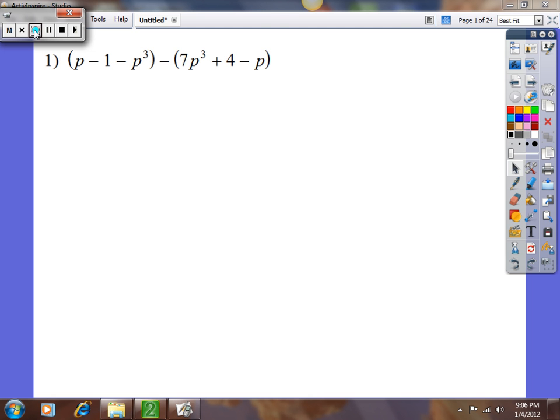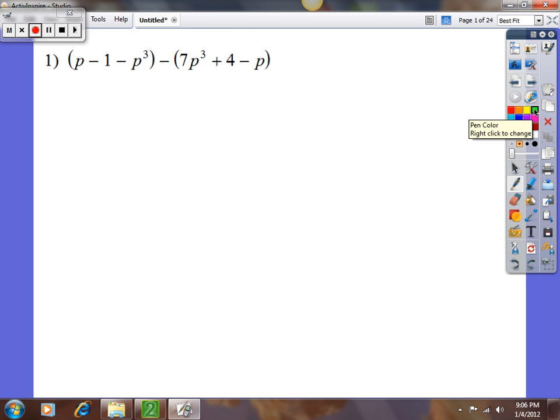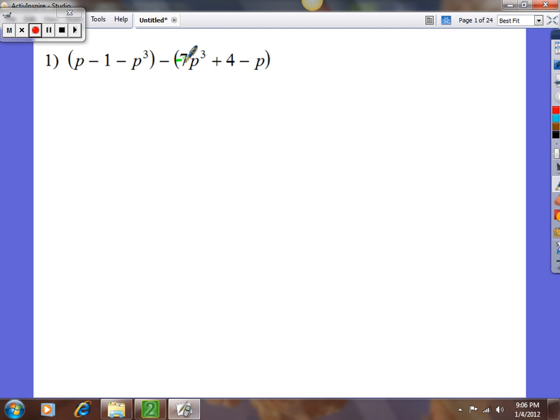The first one, number 1, is a subtraction problem, and first I would distribute the negative to each term. So you're going to subtract everything in this second group. I'm going to take the negative to the 7p cubed and make it a negative.